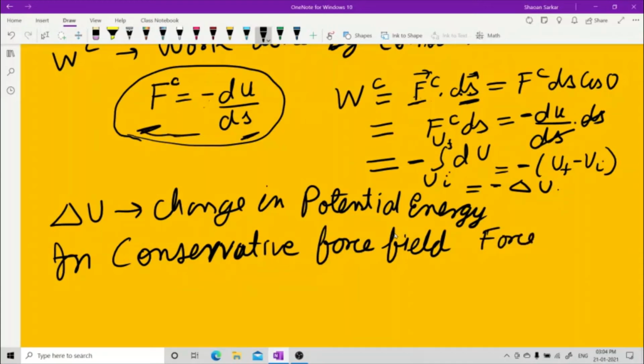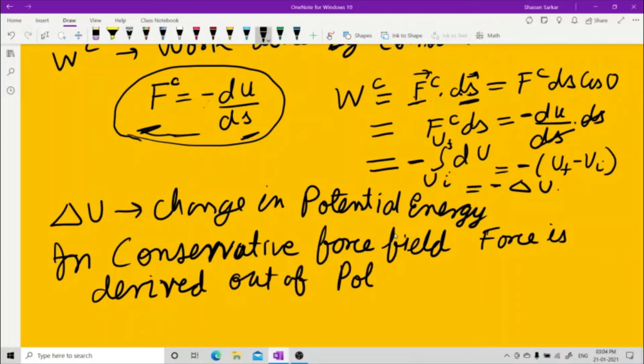Force is derived out of potential energy. It is possible only in conservative force fields.